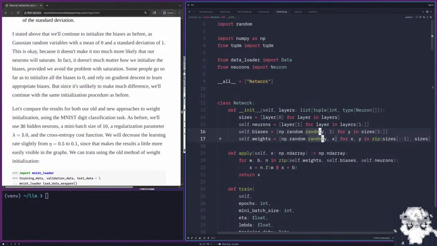So zeros doesn't actually work. I don't know why they said, yeah, you can initialize the biases at 0. Well, why don't we try just the biases? Well, it doesn't matter. The biases don't matter that much. The weights are the big thing.